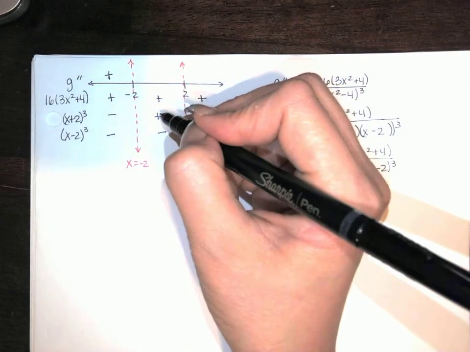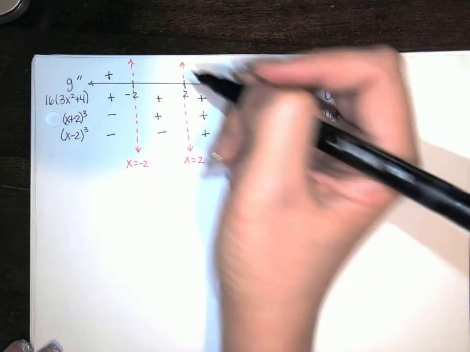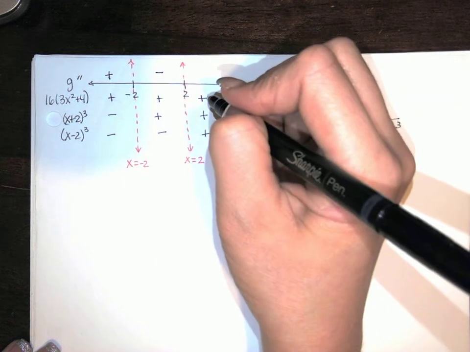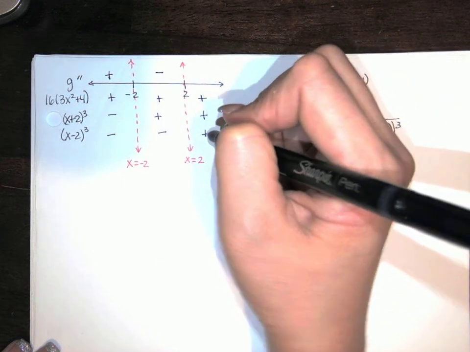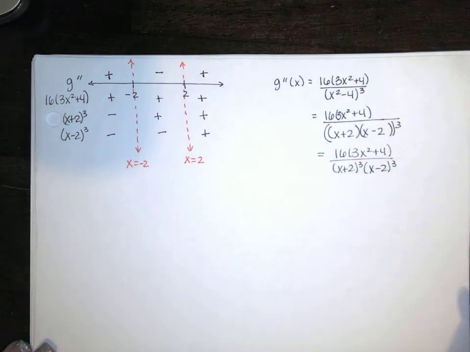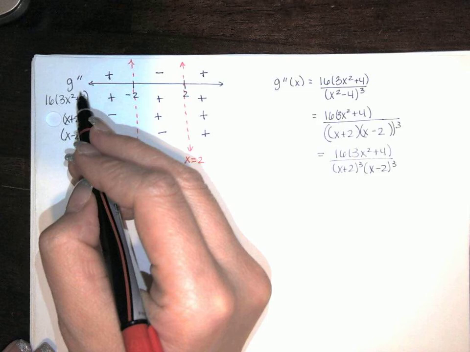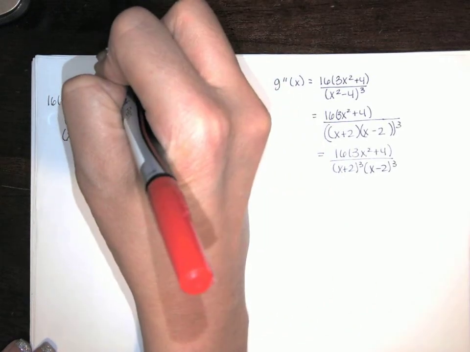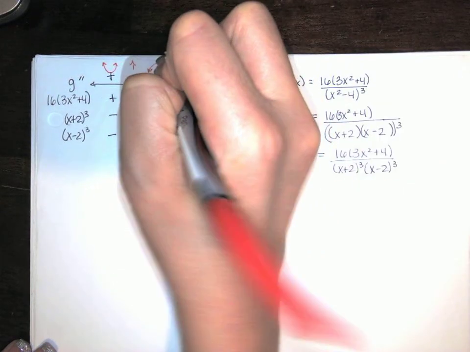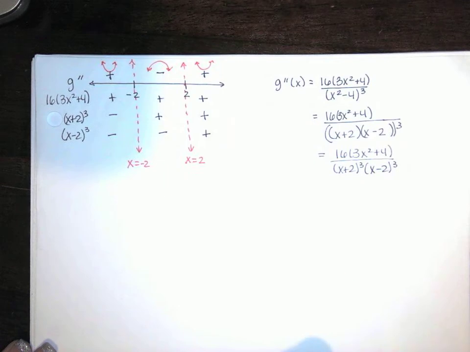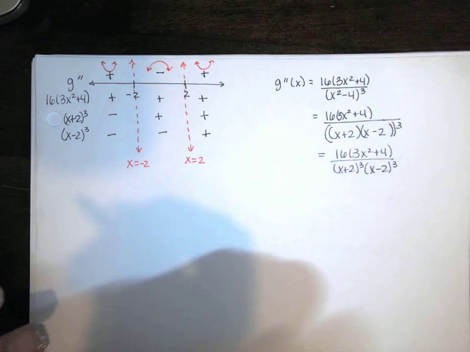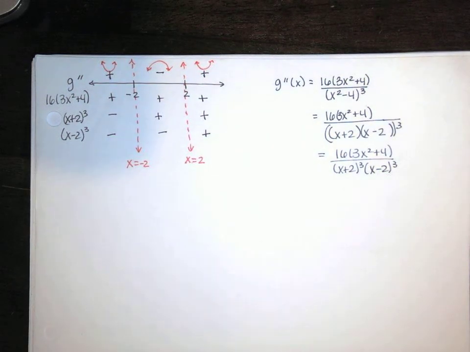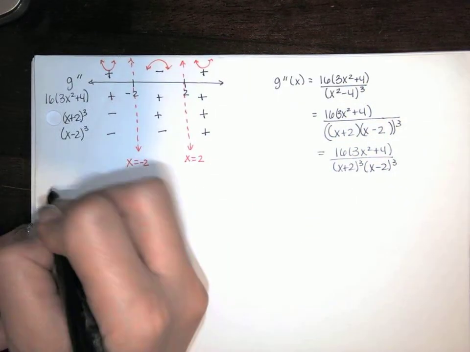And then I've got a positive divided by a positive times a negative. So that's negative. And then we've got a positive divided by a positive times a positive. That's positive. So remember, this is the second derivative now. It's not increasing and decreasing. The graph is concave up over here, concave down over here, and concave up over there. The graph is concave upward, concave downward is actually the right way to say it.